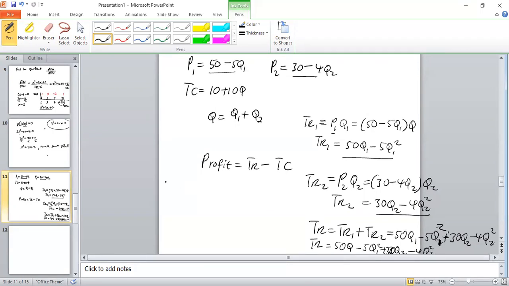So now, when it comes to the profit, pi is equal to total revenue, minus total cost, which is 10 plus 10Q. Here where there is Q, we are saying Q is Q1 plus Q2, so we put Q1 plus Q2 where there is Q.